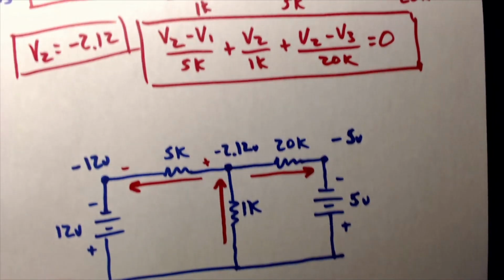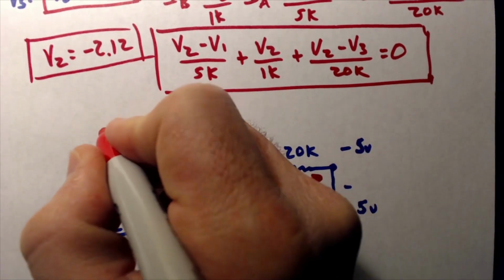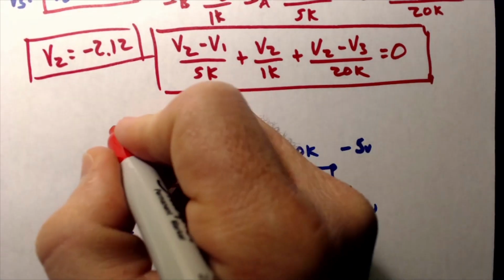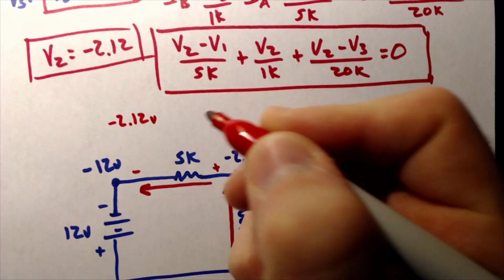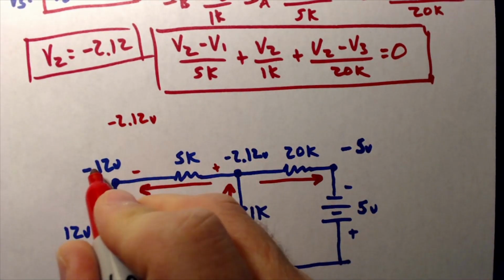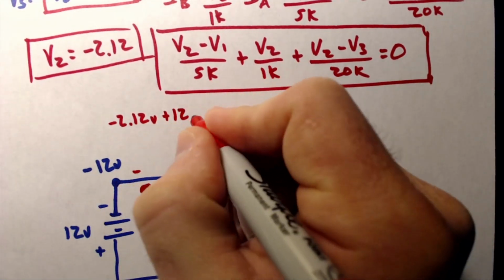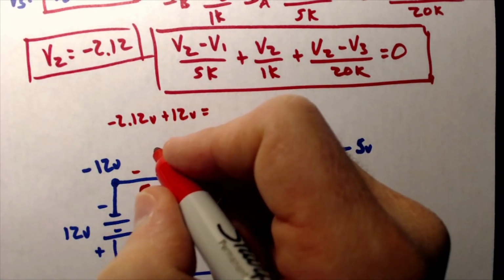Okay, that's kind of a mouthful, but it's a foolproof way to never get this wrong, right? So we say plus minus 2.12 minus a minus 12. Well, double negative there, so plus 12 volts. That equals the voltage drop. So the voltage drop is 9.88 volts.